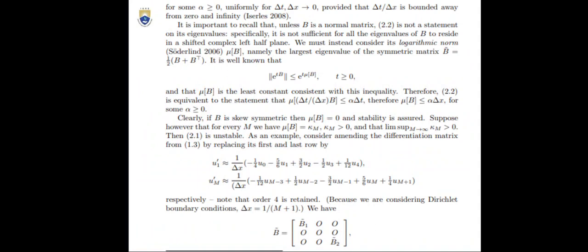Note that order 4 is retained because we are considering Dirichlet boundary conditions. Δx equals 1/(M+1).